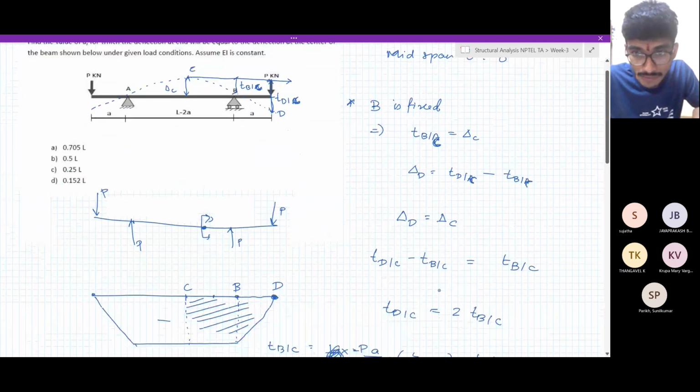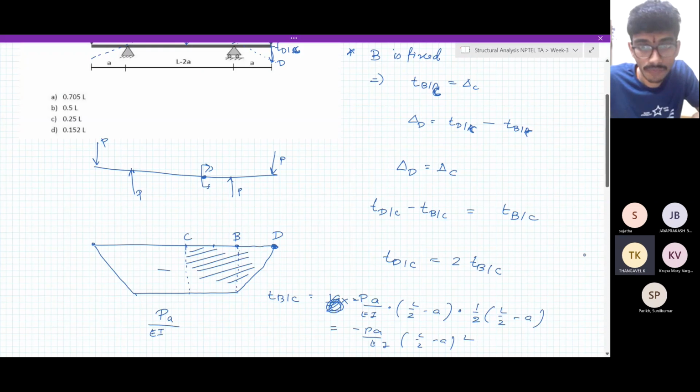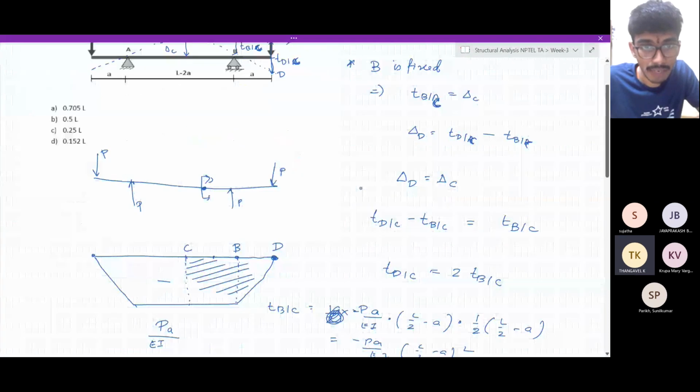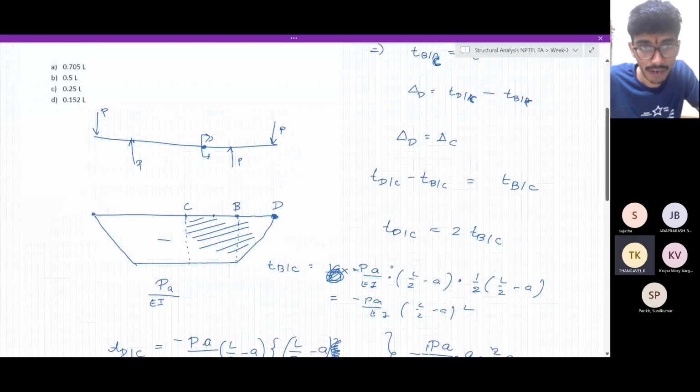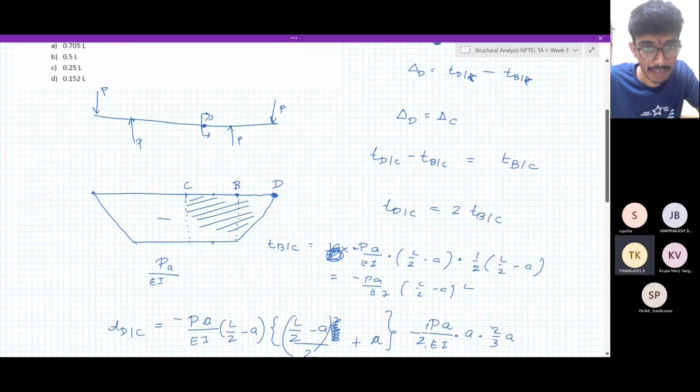So this is fine. So 2 TDC, this is TBC. So this is 2. And TB with respect to C is PA by EI acting through L, this into half. So yeah, there's a half missing here. So TB with respect to C, there's a half missing here. That's an issue.